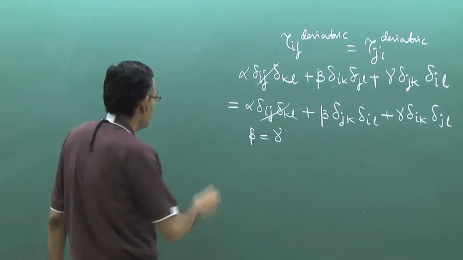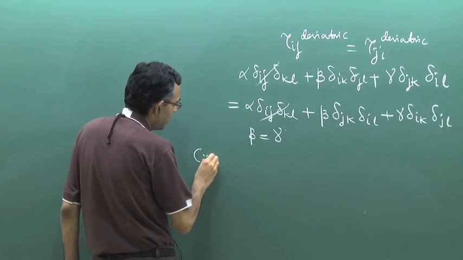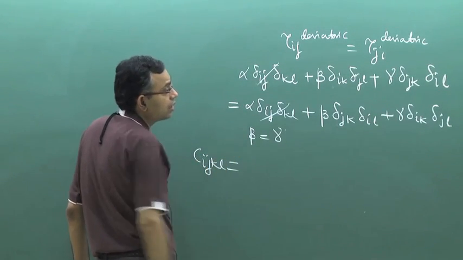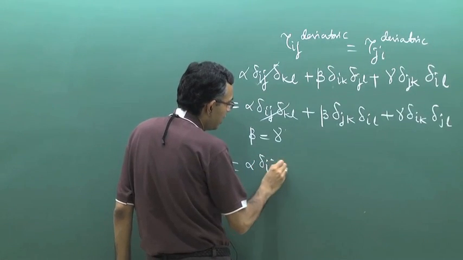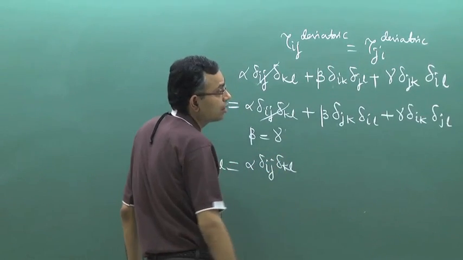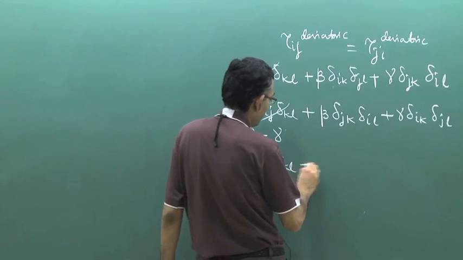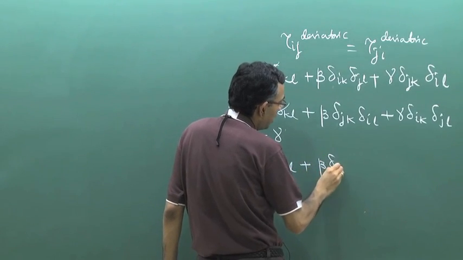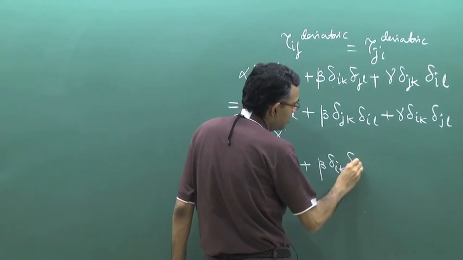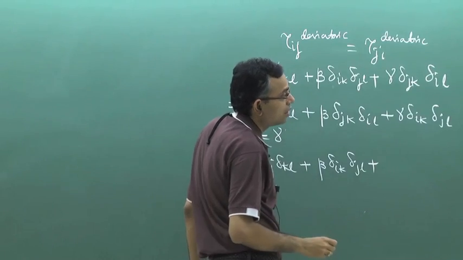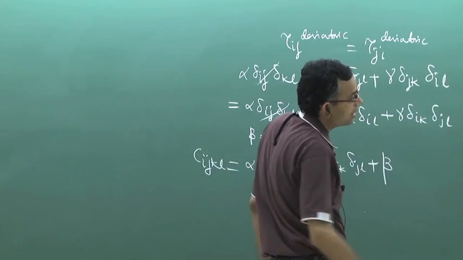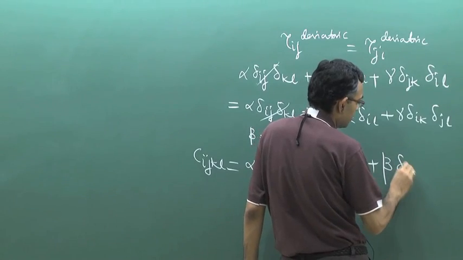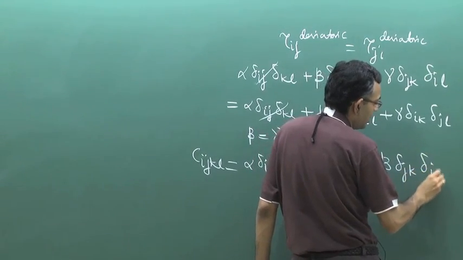So you can write C_ijkl is equal to alpha delta ij delta kl plus beta delta ik delta jl plus gamma, which will be equal to beta, delta jk delta il.